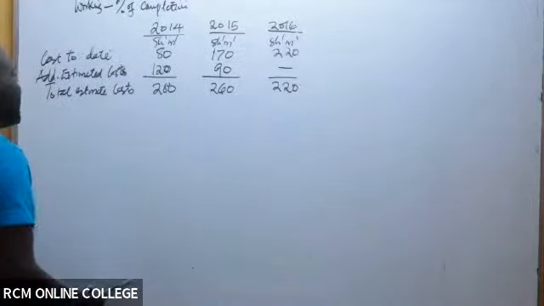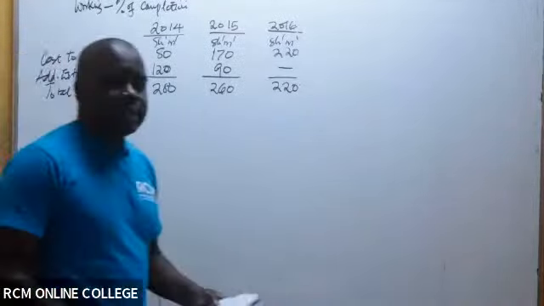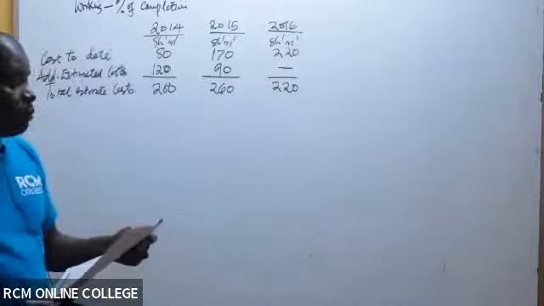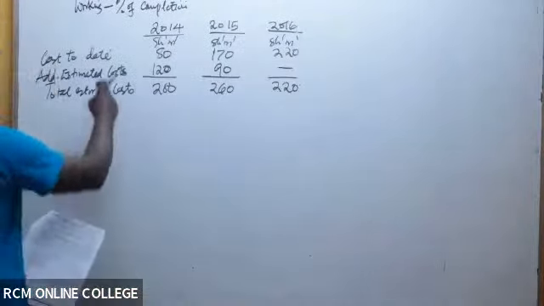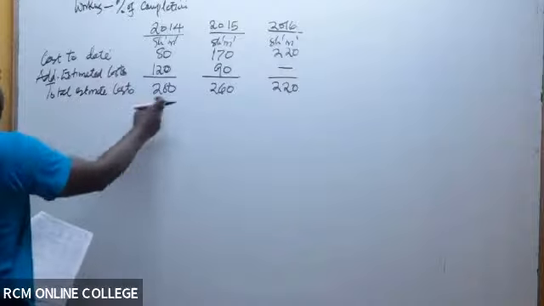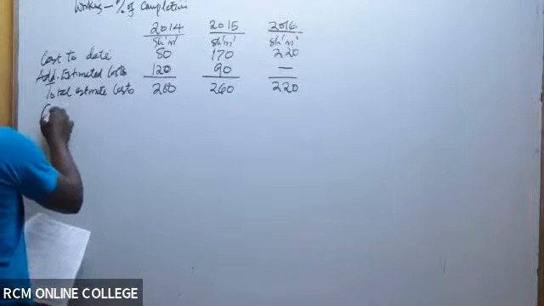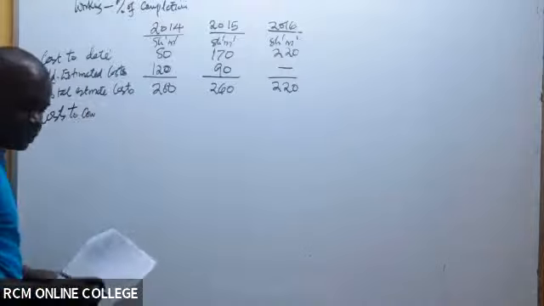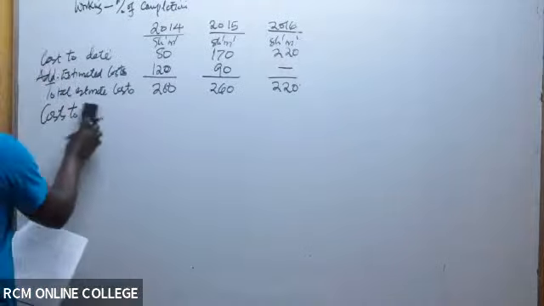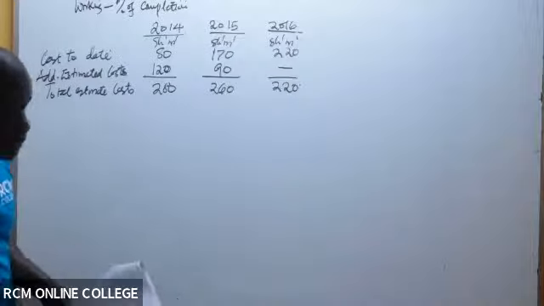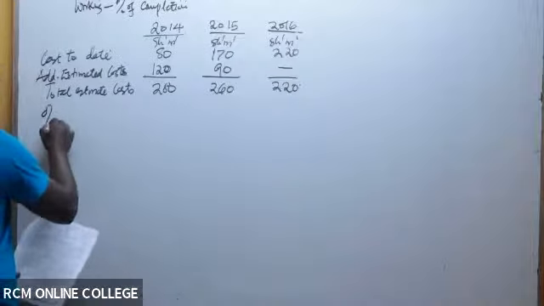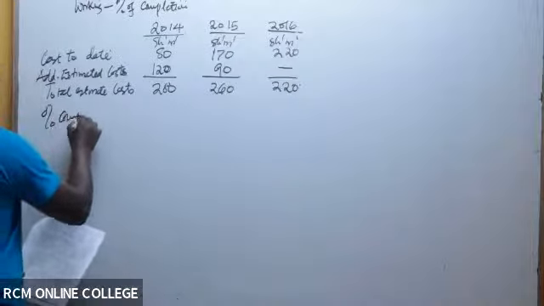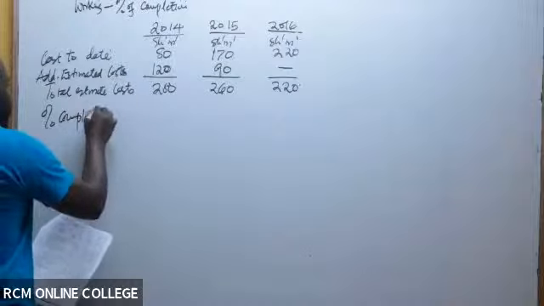So to get the percentage of completion, you take the cost to date and divide by the total estimated costs. I already gave you the formula.